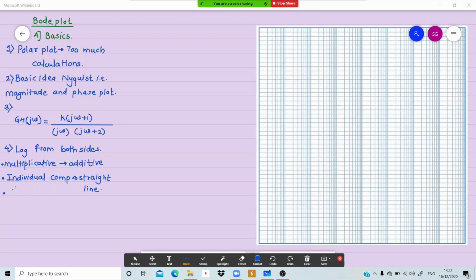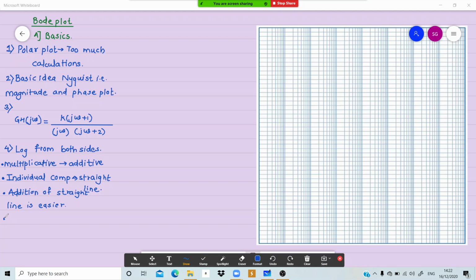So I'll write one more thing: addition of straight lines is simple or easier compared with curves, right? If you are having curves as the overall thing.